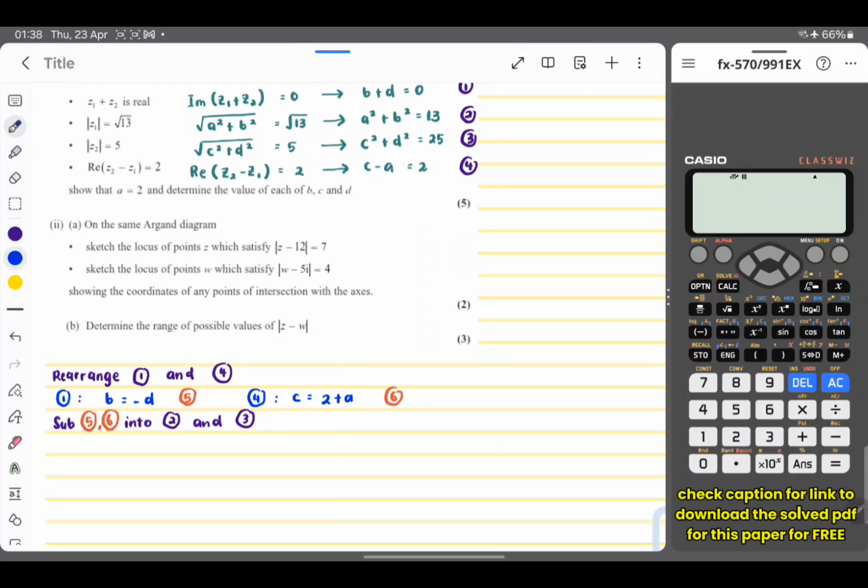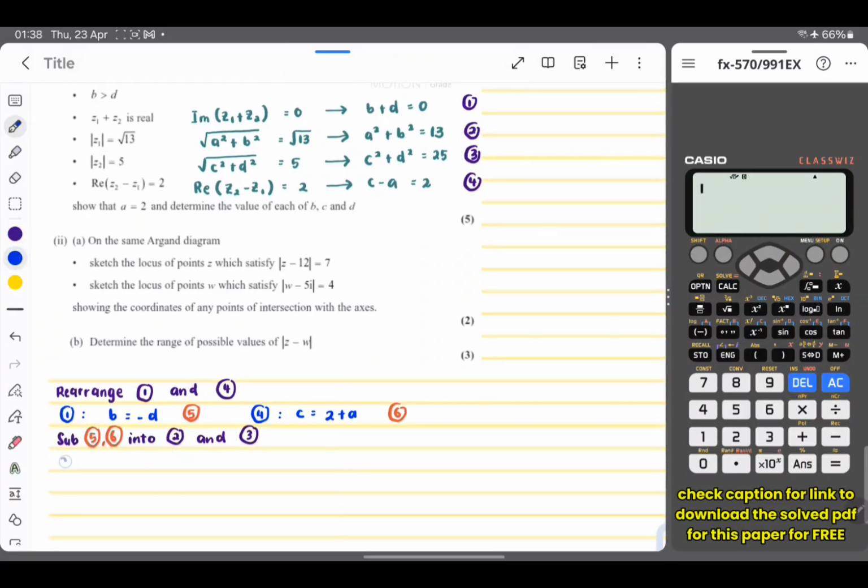So now I have equation 2. Equation 2 is A square plus B square is equal to 13. So A square plus negative D square is equal to 13. A square plus D square is equal to 13. How about equation number 3? Equation number 3 is C squared plus D squared is equal to 25.